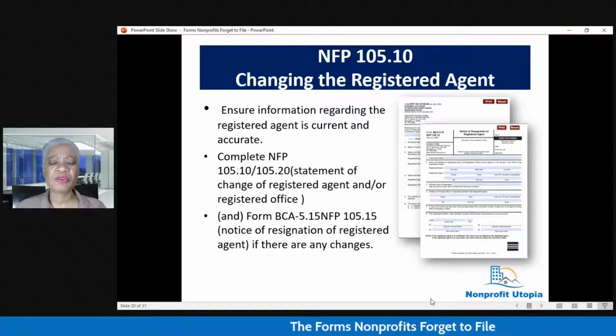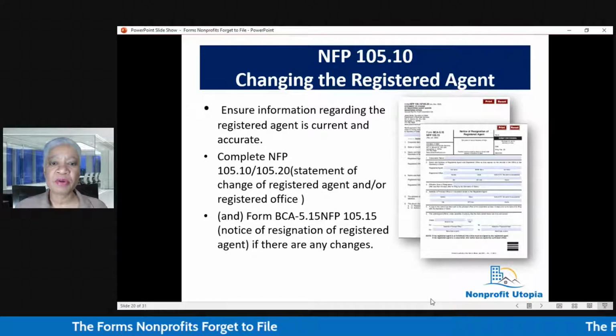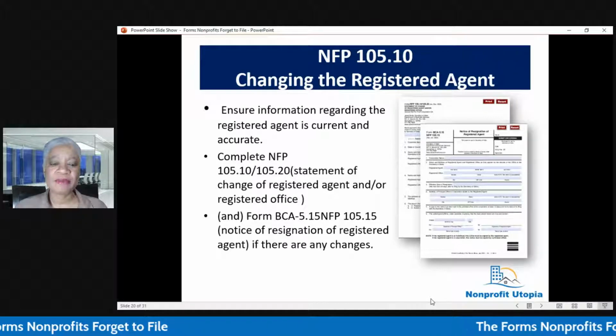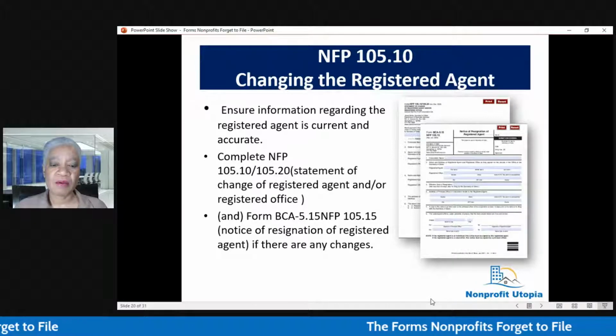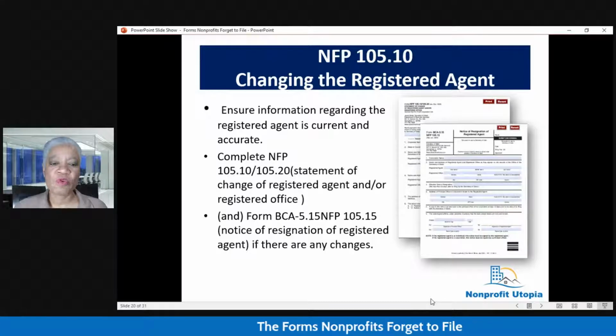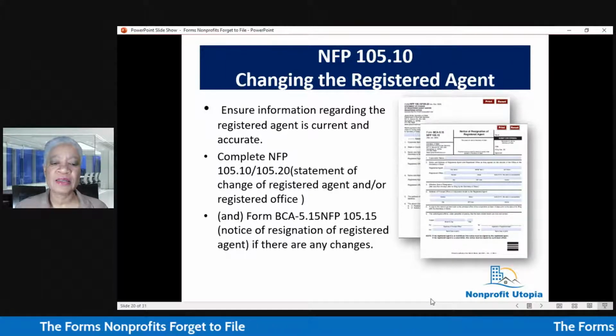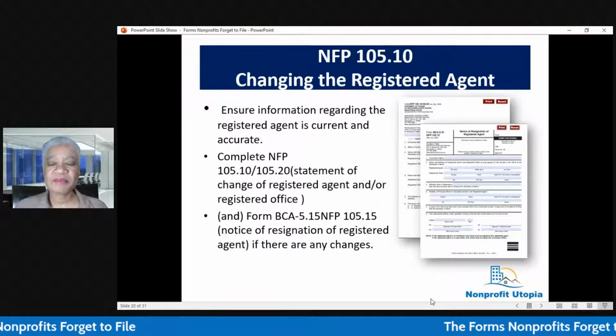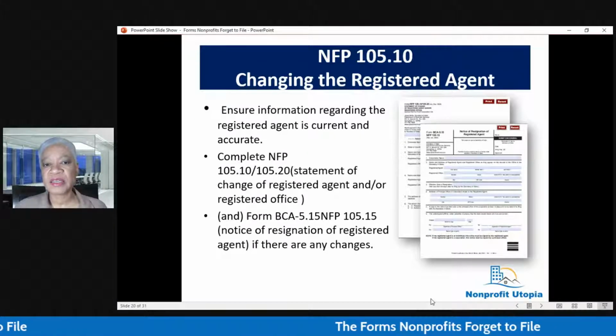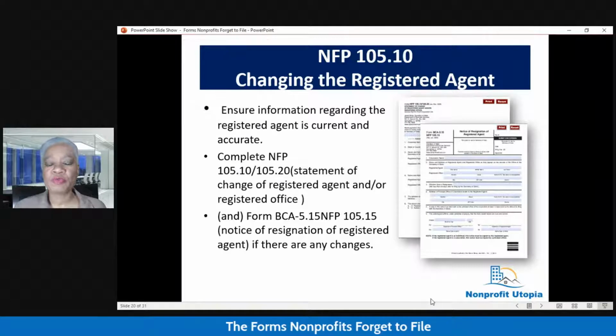They receive all of your legal notices. And whenever you change that person, you have to file Form NFP 105.10/105.20. So that comes into play if you change the person or if you move.